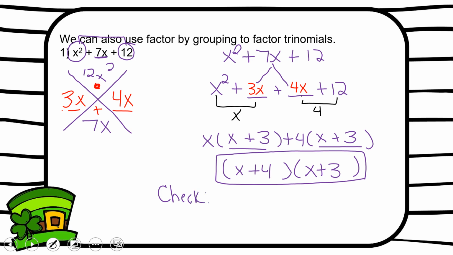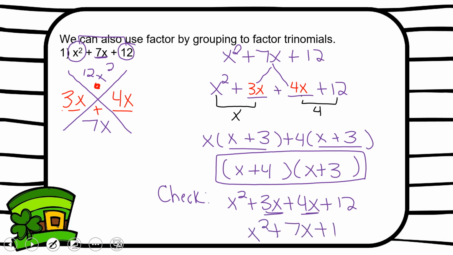If I multiply that out, x times x is x squared, x times 3 is 3x, 4 times x is 4x, 4 times 3 is 12. Now this time I have like terms, and when I combine those, I'm given the original problem back. So that helps me know this right here is the correct factored form.